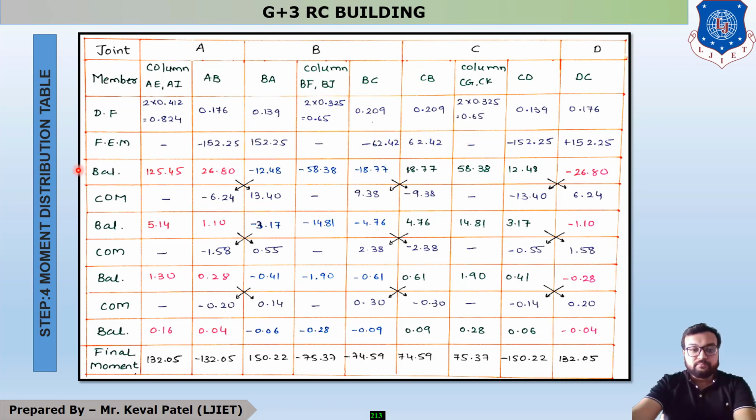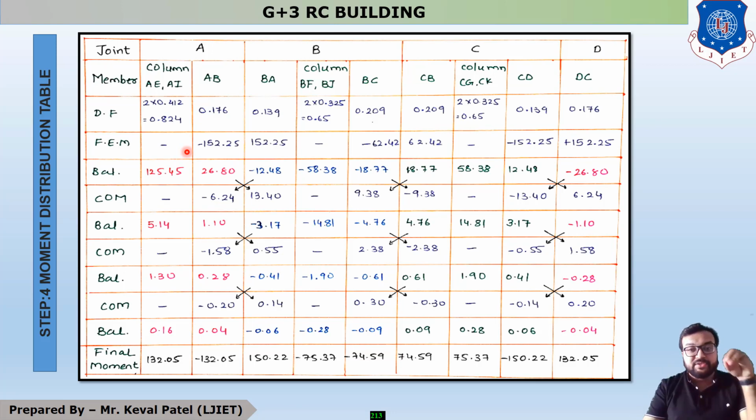Now our first step starts from here. It is balance, because all the junctions are unbalanced over here. So first of all we have to balance all the junctions step by step. Dash means 0 and this is minus 152.25. It means junction A has a negative value of 152.25. 0 minus 152.25, so your net moment is also minus 152.25.